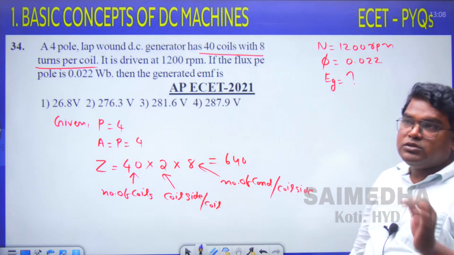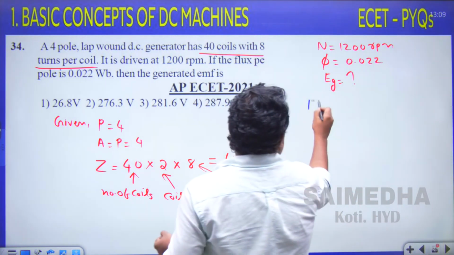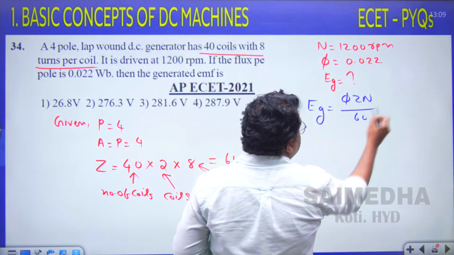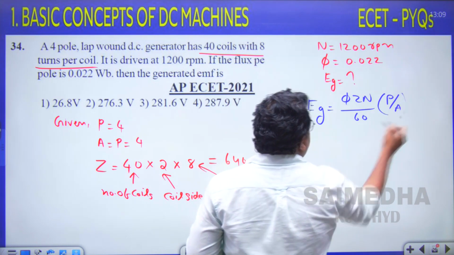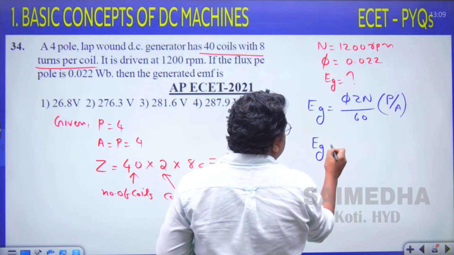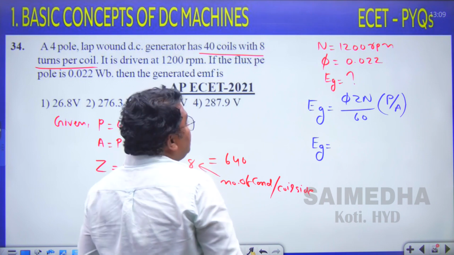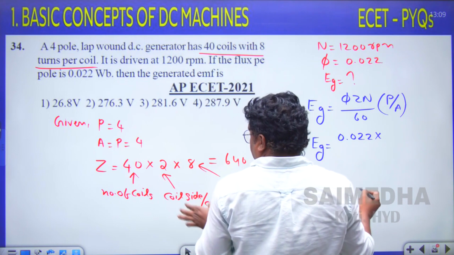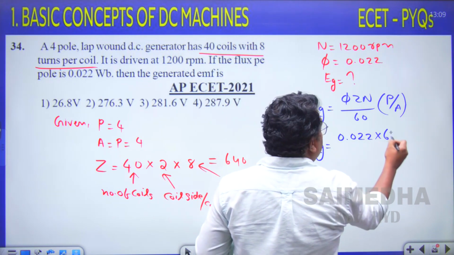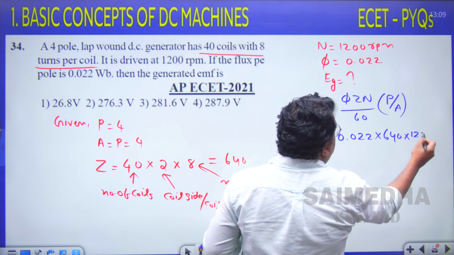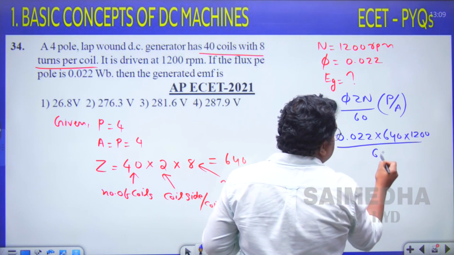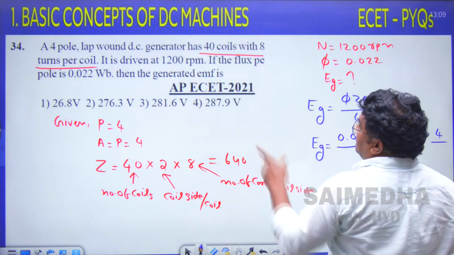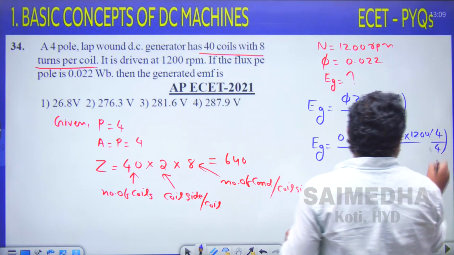We know the formula: Eg is equal to φZN by 60 into P by A. So flux per pole is 0.022, the number of conductors is 640, the speed is 1200 RPM divided by 60, the number of poles is 4, and the number of parallel paths is also 4.